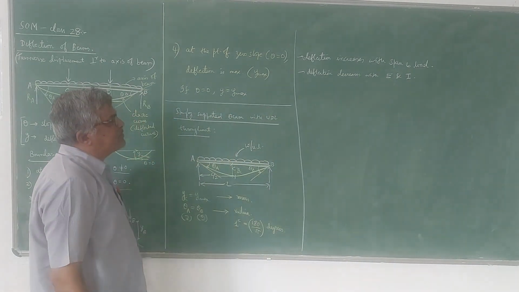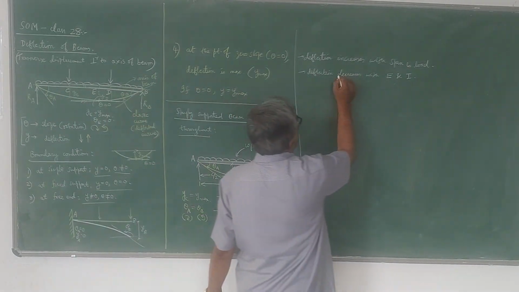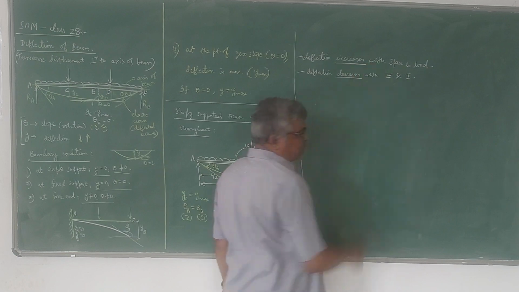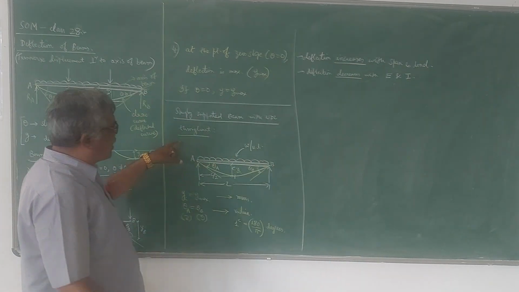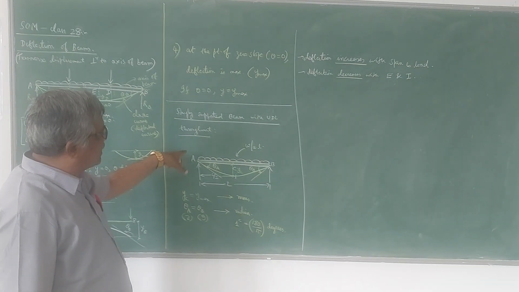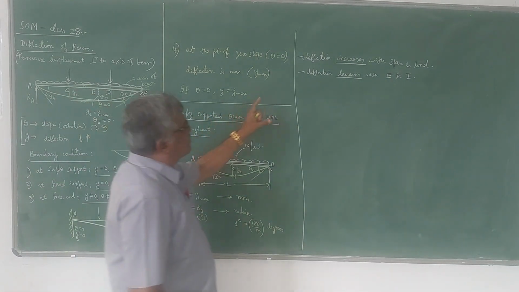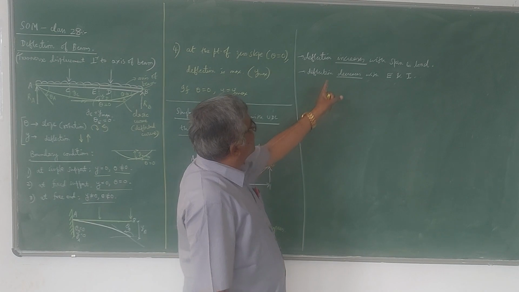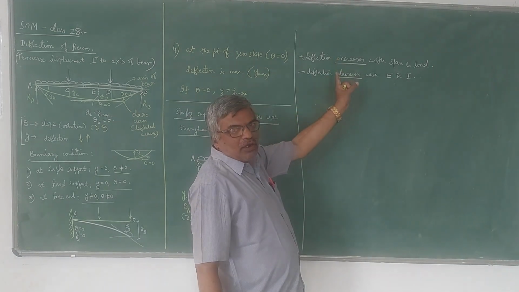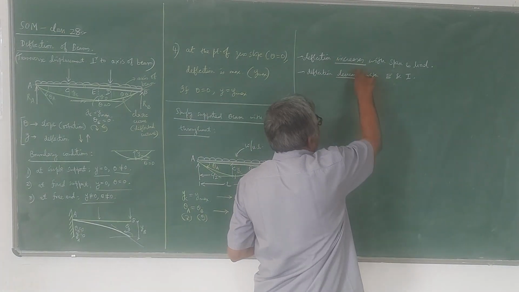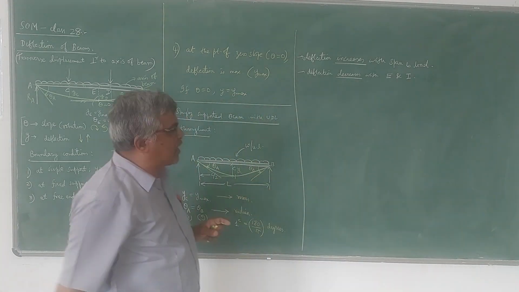So it decreases with E and I and increases with span and load. We can prove that later. Once I derive the expression for slope and deflection for a simply supported beam with UDL, you can come to the conclusion that you can verify these two points there.